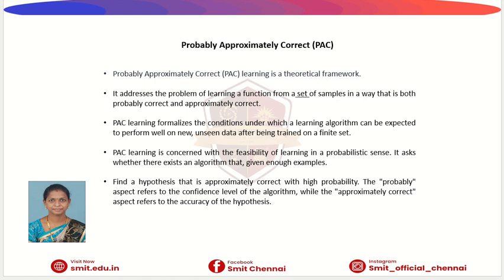PAC, probably approximately correct. Probably means confidence. Approximately means small error goal. The aim is to find a hypothesis that is correct most of the time with high probability using limited data. PAC tells us when learning is theoretically possible.